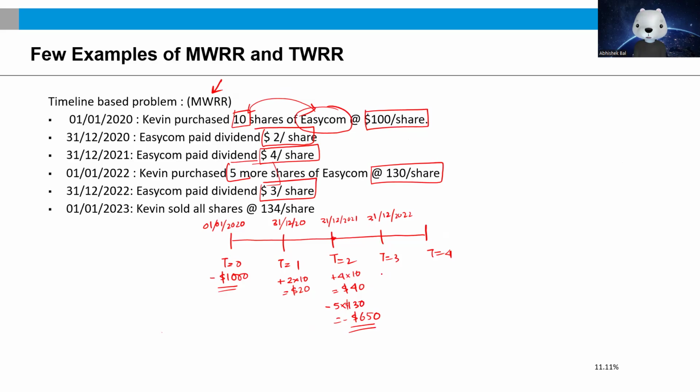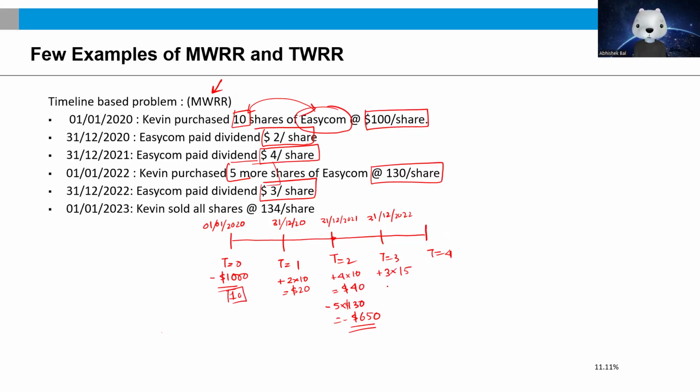So out here now, EasyCom would have made 3 into how many shares it has now all put together? It had initially purchased 10 shares at time t is equal to 0. At time t is equal to 2, at the end of year 2, he bought 5 more shares. That means all put together, he now has 15 shares, right?